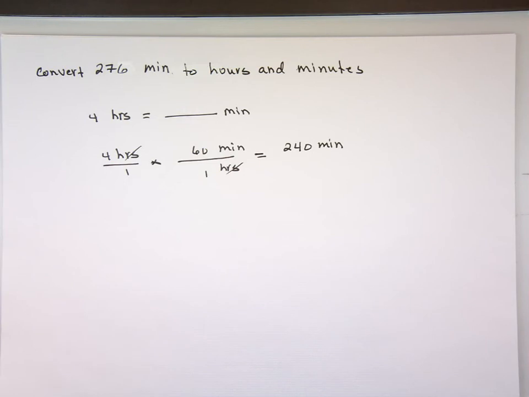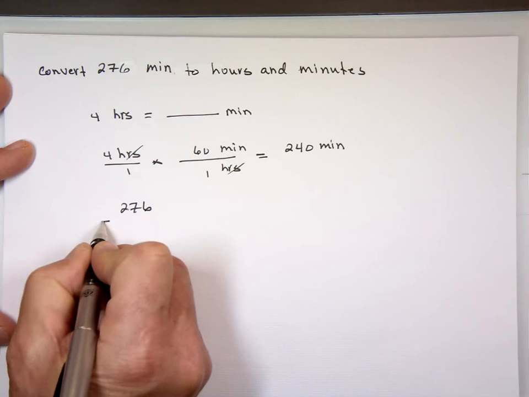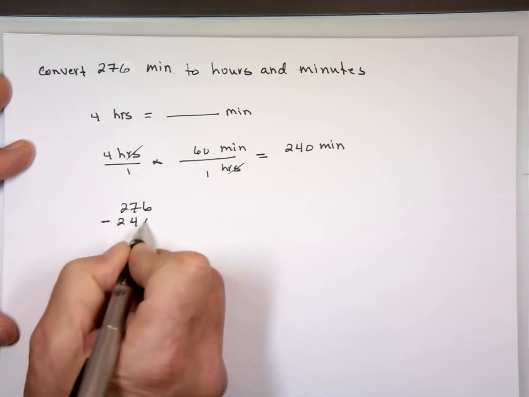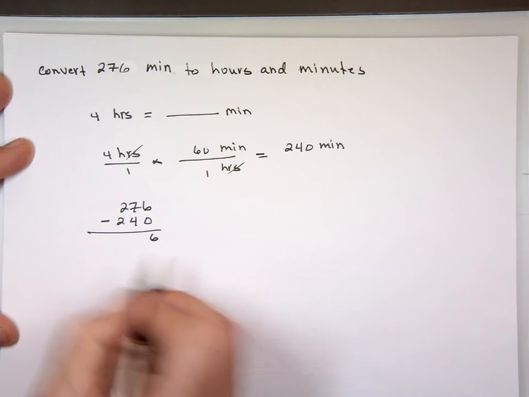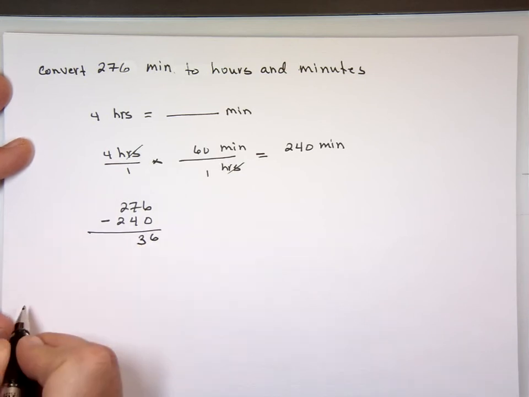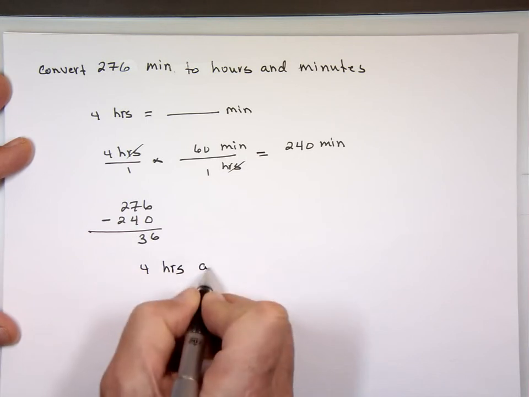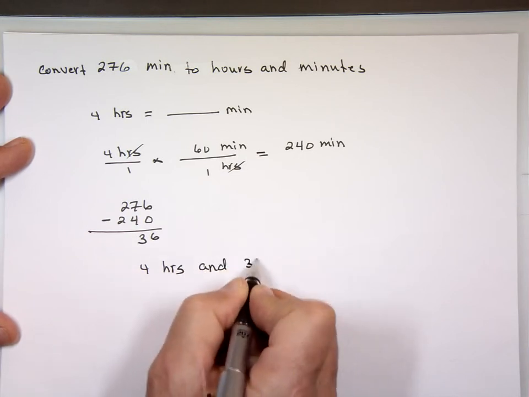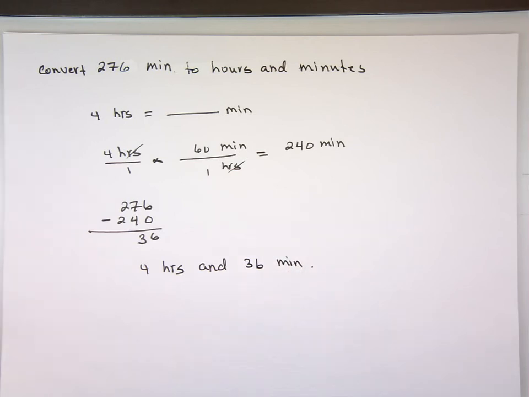So if you take 276 now and subtract from it 240, what's the remainder? 6, 4 from 7, which is what? 3. So that's 4 hours and 36 minutes. I will have to cook that turkey breast, or the turkey, for 4 hours and 36 minutes.